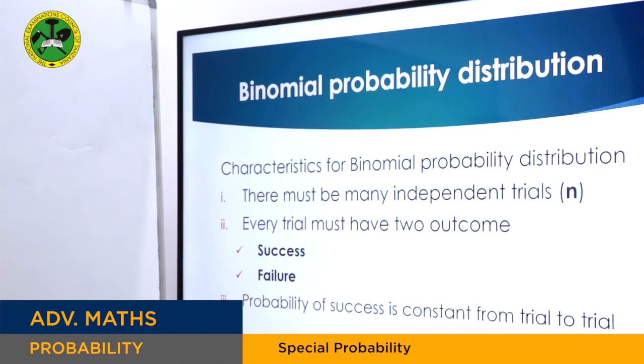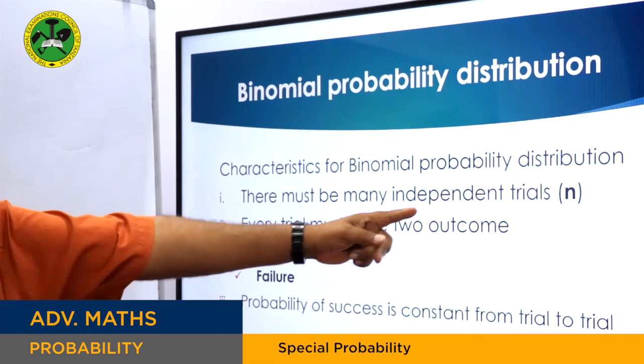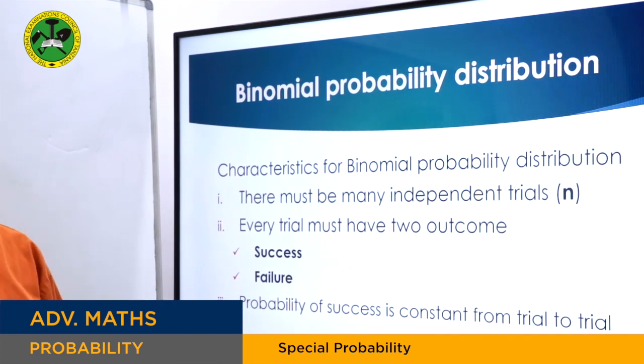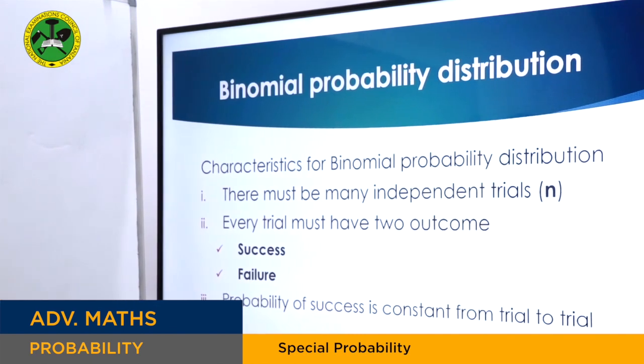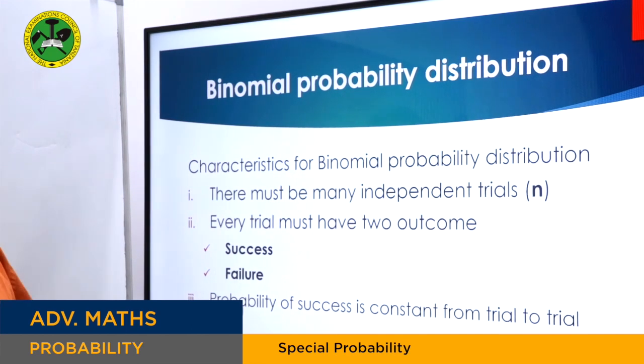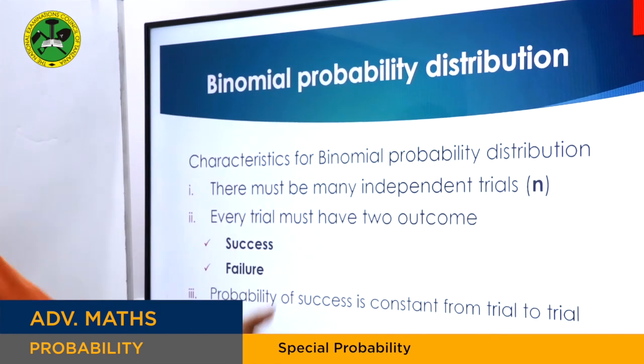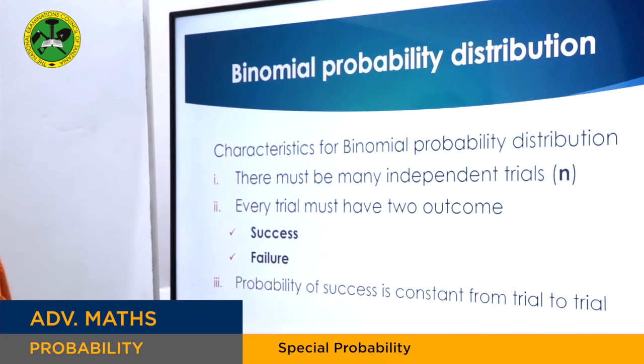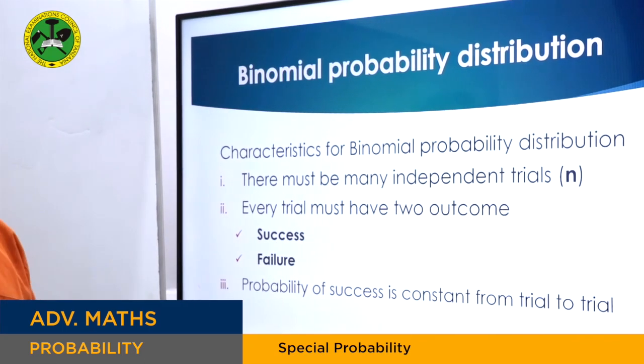Number one, there must be many independent trials. What do we mean by many independent trials? The number of trials when you are doing the experiment is supposed to be many. The second one, every trial must have two outcomes: success and failure.